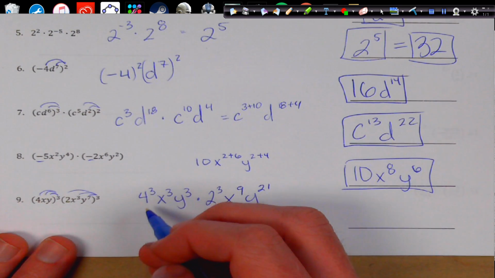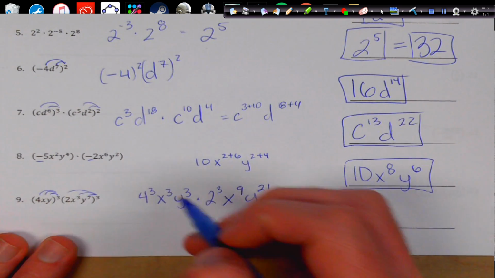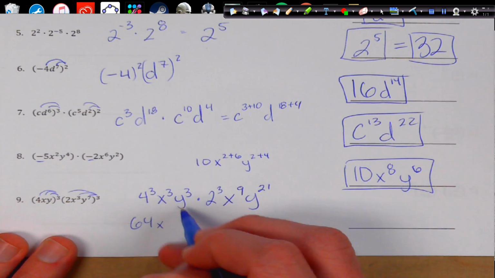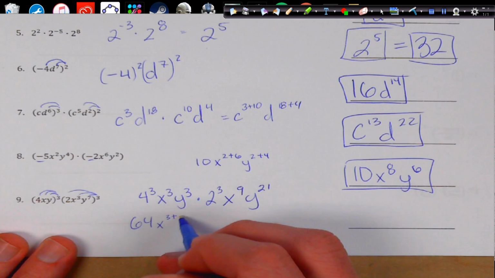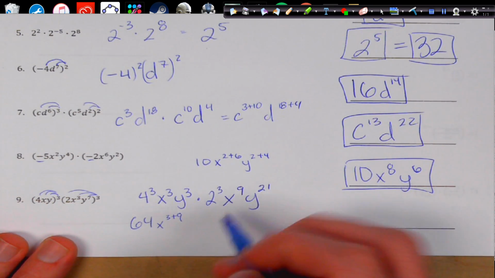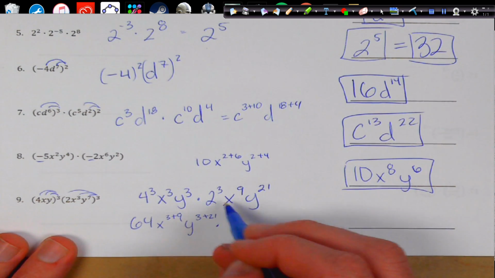Now 4 to the 3rd power is going to be 64. X to the 3rd times x to the 9th is going to be 3 plus 9. Y to the 3rd, y to the 21st is going to be 3 plus 21, times 2 to the 3rd power.